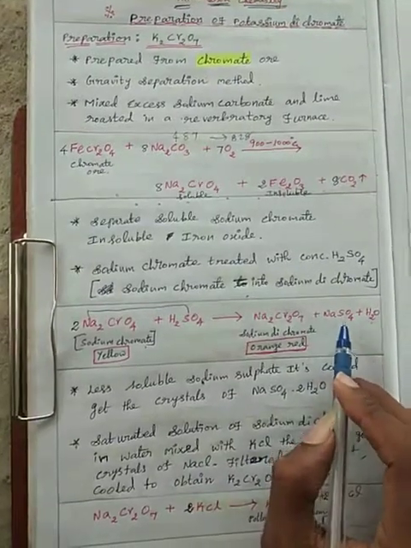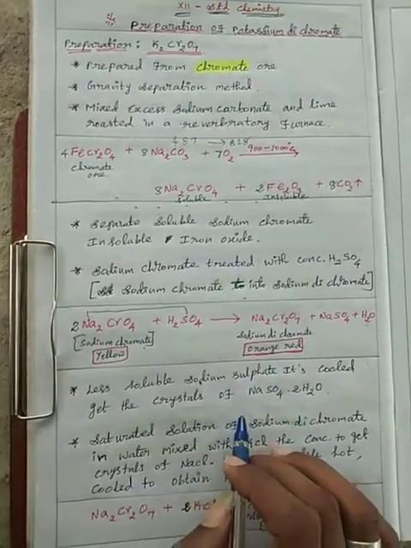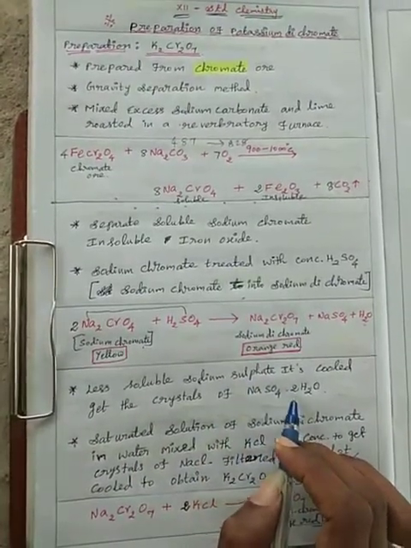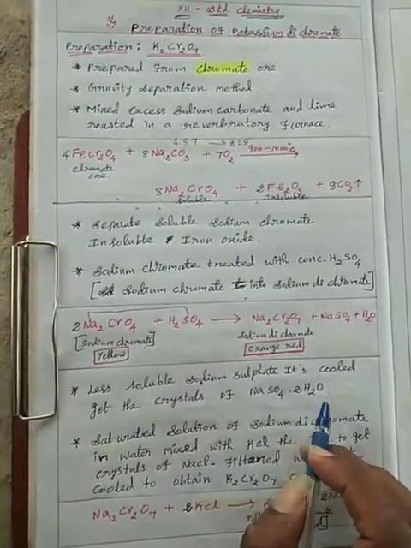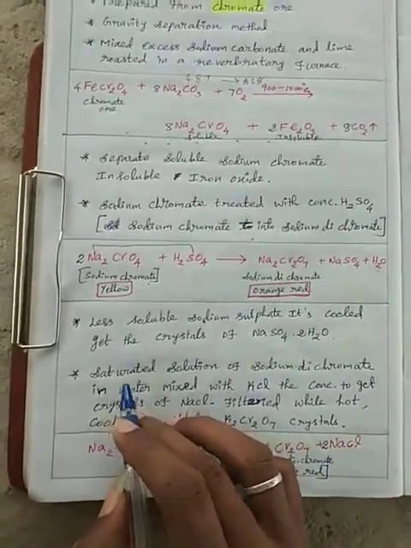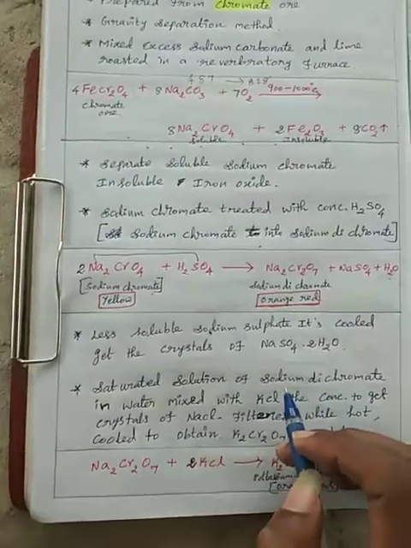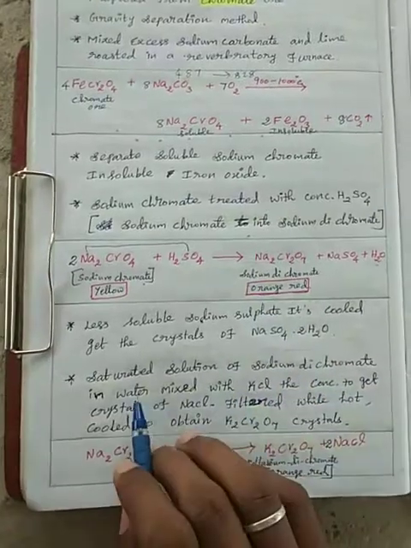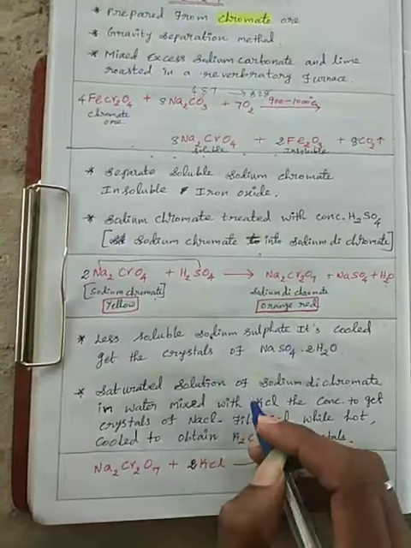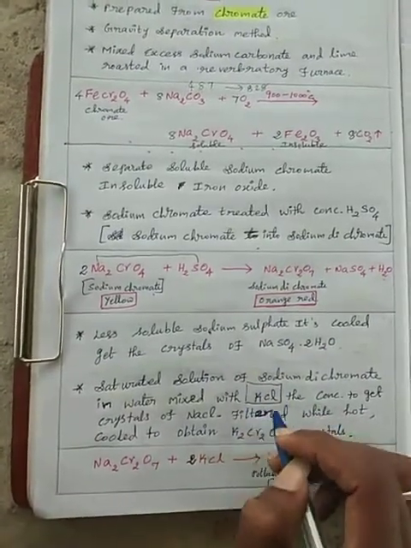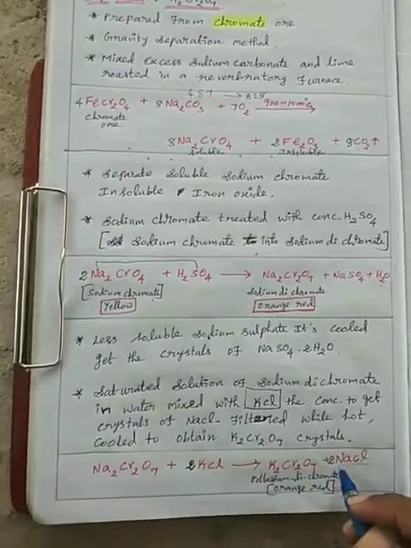The sodium sulfate is less soluble; on cooling we get crystals of sodium sulfate dihydrate. The saturated solution of sodium dichromate is mixed with water and potassium chloride is added, giving crystals of sodium chloride on concentration.